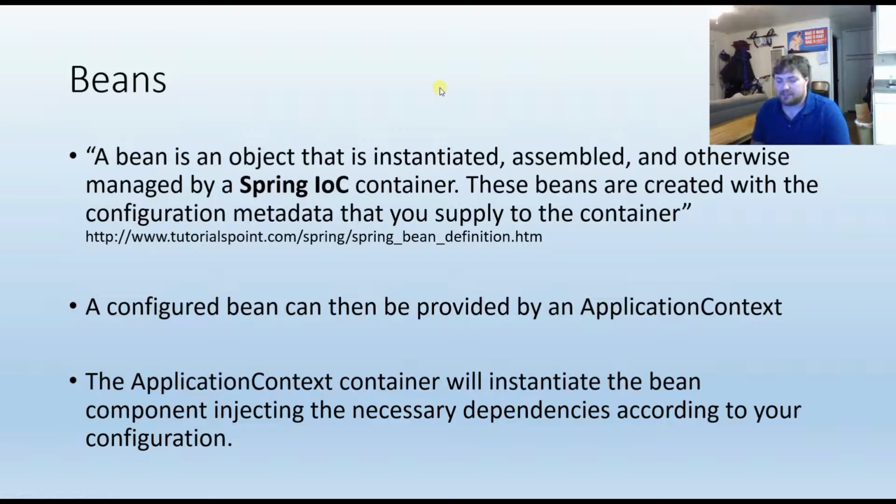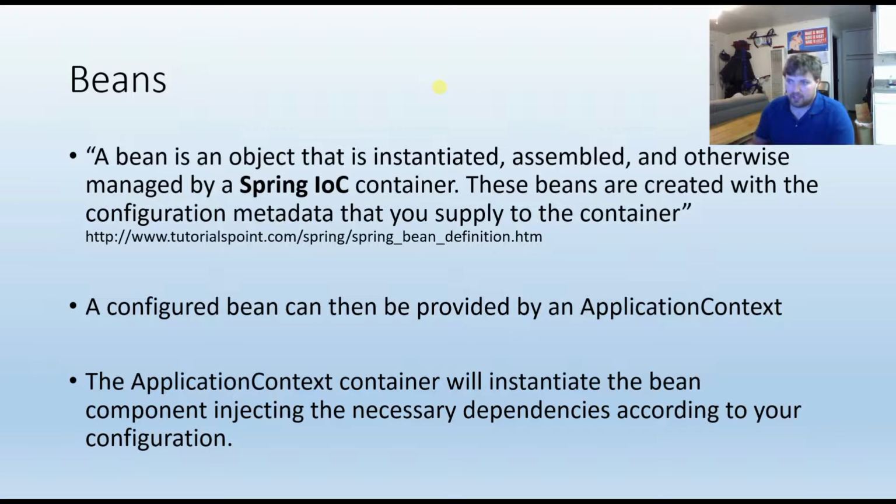Let's talk about beans. When I first heard this, I was like, oh no, this whole new concept. What's going on? Beans aren't actually that complicated to understand. I'm going to read you this definition because I felt like it's a pretty good one. A bean is an object that is instantiated, assembled, and otherwise managed by a Spring Inversion of Control container. These beans are created with the configuration metadata that you supply to the container.